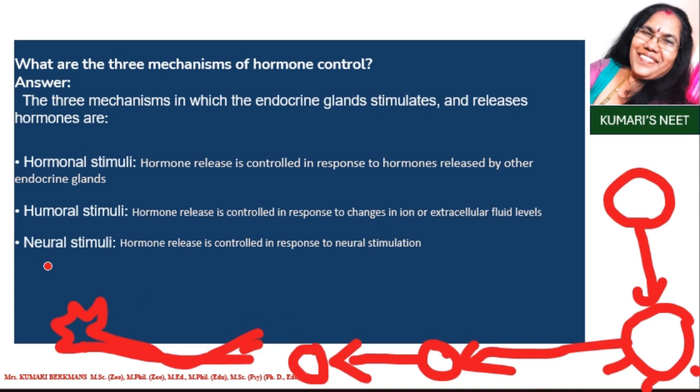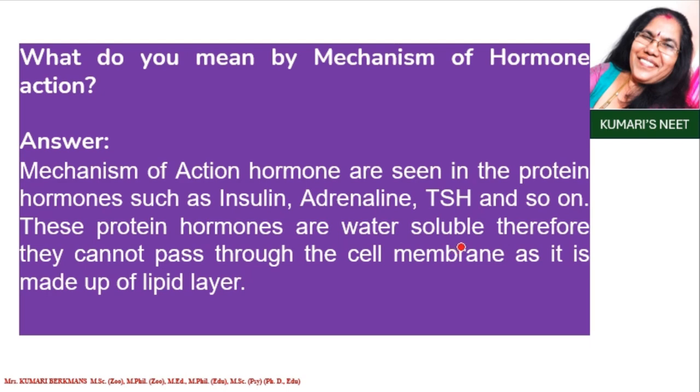This is neural stimuli. Humoral stimuli is extracellular fluid. And hormonal stimuli is the one where the hypothalamus stimulates the pituitary, the pituitary stimulates different glands, then the gland secretes the hormone that comes and stimulates the respective target organs.